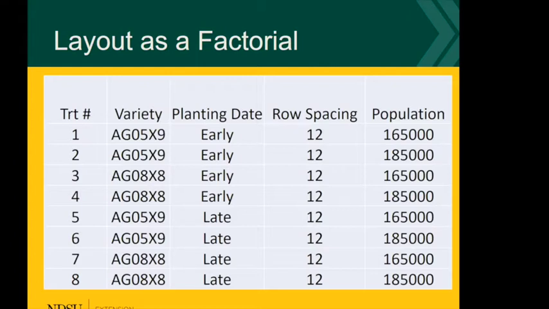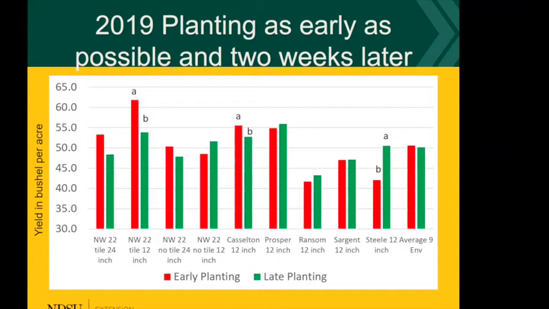And then the populations: I'm talking here about seeding rate, and some of the questions asked so far by the attendees concern the difference between seeding rate and the actual plant established. I will show you a few figures in a moment as well. So I'm just giving you a little bit of an update on some of those factors.